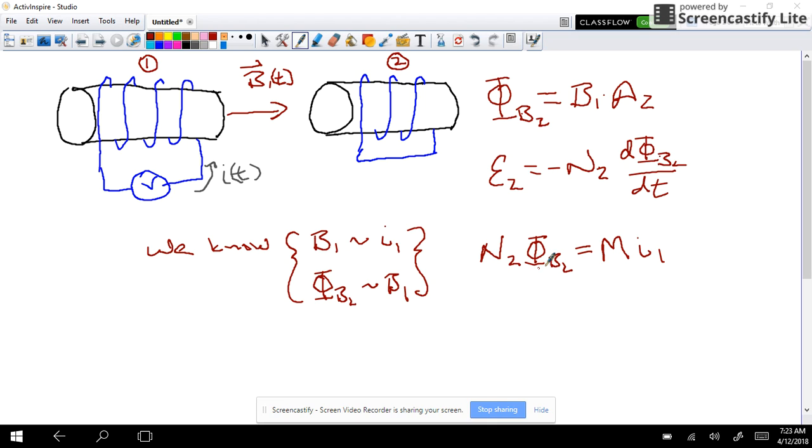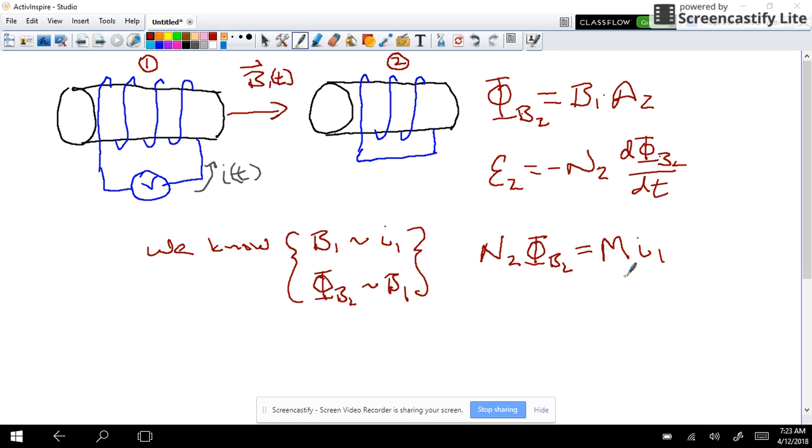And basically what we're saying here is that the magnetic flux in coil 2 is proportional to the current in coil 1. And we're saying that because the magnetic flux in coil 2 is proportional to the magnetic field generated by coil 1. And we know that the magnetic field generated by coil 1 is proportional to the current in coil 1.